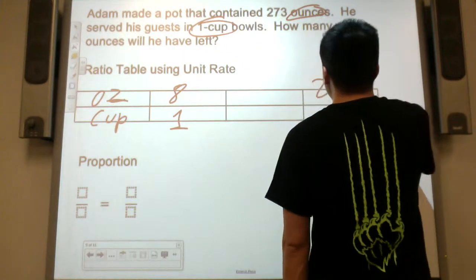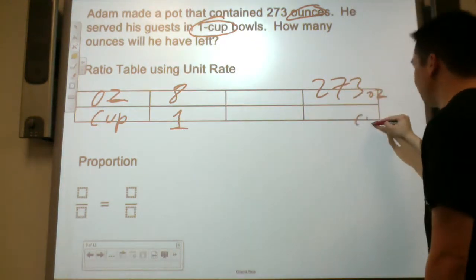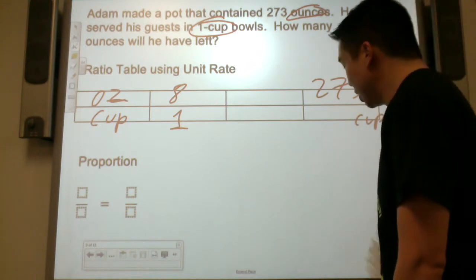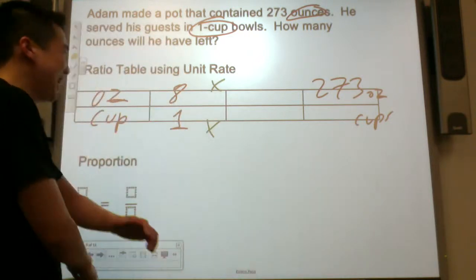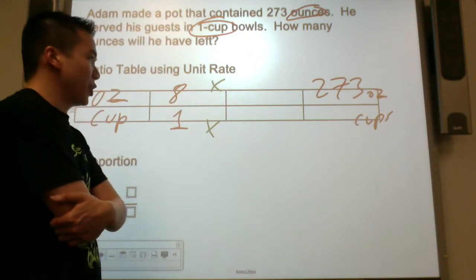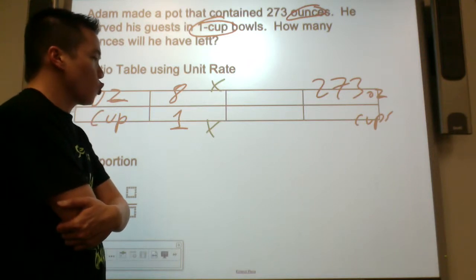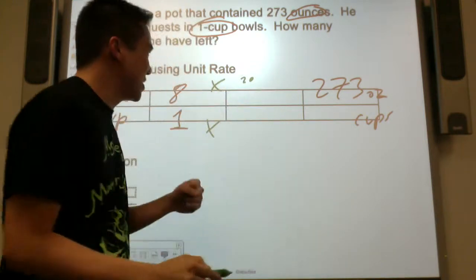There are 273 ounces, and we need to figure out how many cups that is. So can you build up? How many 8s go into 273? You can estimate 8 times 20. It's 160.